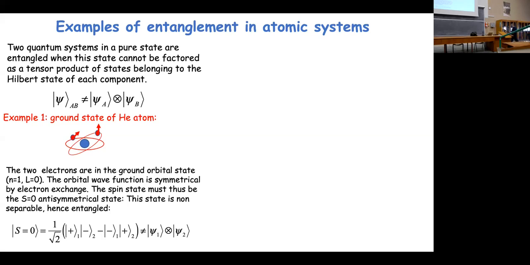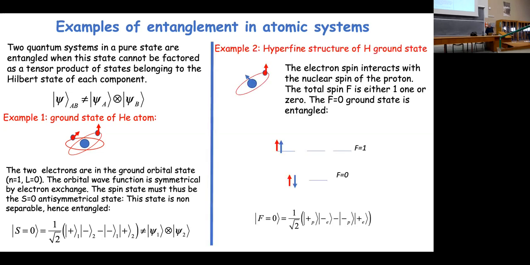But I can give you another example, which relates this time to hydrogen. In hydrogen, you have two spins. You have the proton spin and the electron spin. In the ground state, the electron is on the first orbit, but the two spins, the proton and the electron spin, interact through magnetic forces, and the energy is different whether the two spins are like that or like that.